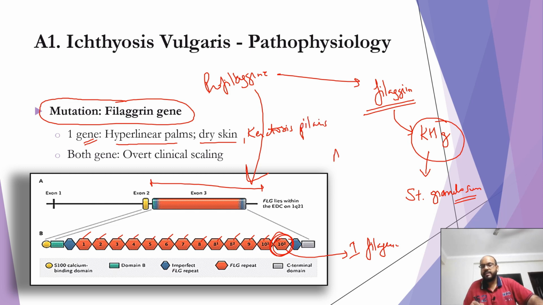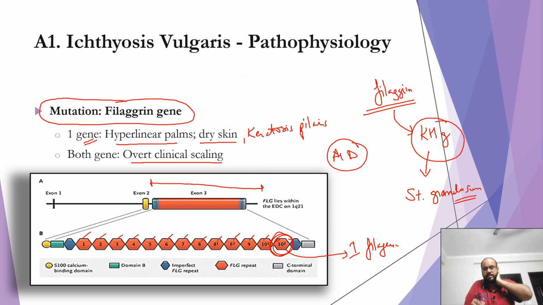But as I've said, this is an autosomal dominant disease. That means both genes have to be mutated for overt clinical scaling. We all know that there are two genes. Let's use capital A and small a. Let me try to explain autosomal semi-dominant inheritance.